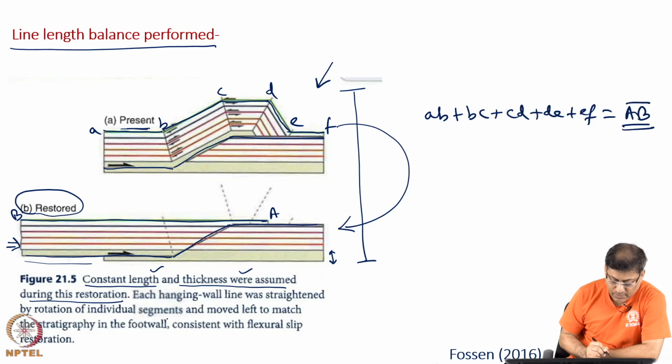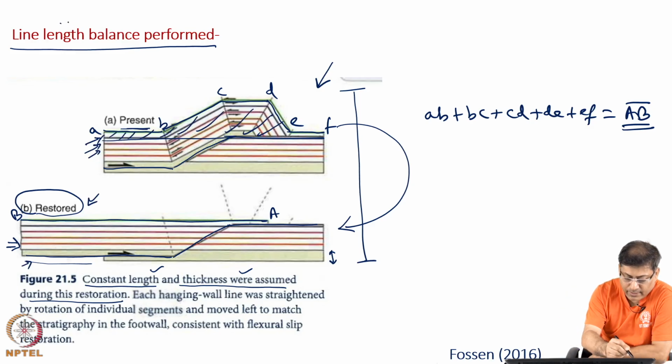The same thing has been done for the other layers also. These are the other layers. By doing that, one is able to reach the restored section. So, this is a successful case where the line length and the thickness have been assumed constant.